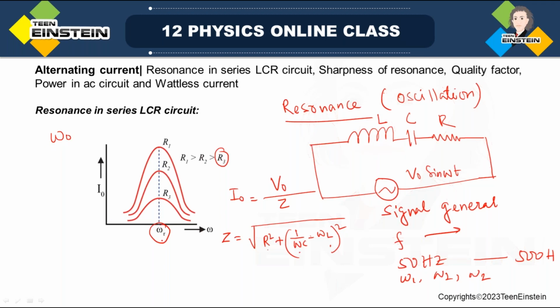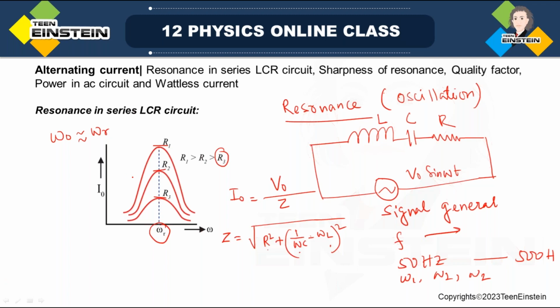According to our observation, when the external applied frequency omega r becomes nearly or exactly equal to it, the amplitude of the vibration, in this case the amplitude of the current, becomes maximum. This maximum value of the current depends on the value of the resistance. Now let us see what is the condition for this resonance.